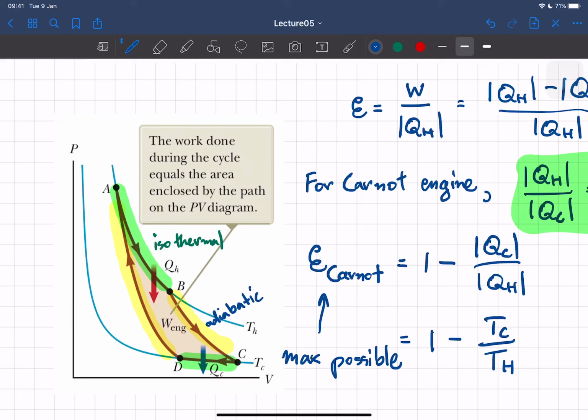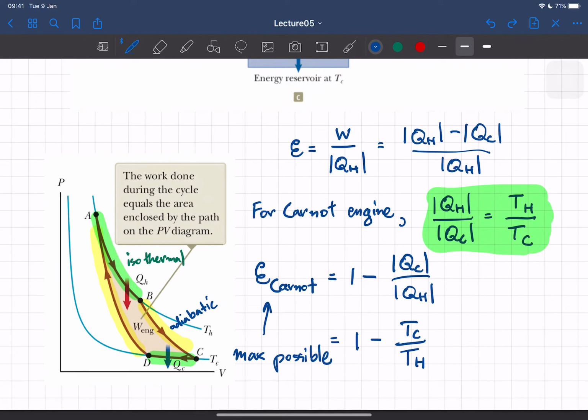So B to C and then D back to A. The only thing that happens is whether you compress the gas or you expand the gas. That's it. There's no heat flowing in or out. So it turns out that if you construct your engine this way, then you get the maximum efficiency of the engine possible, right? You cannot do better than this.